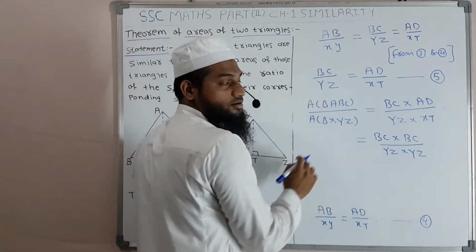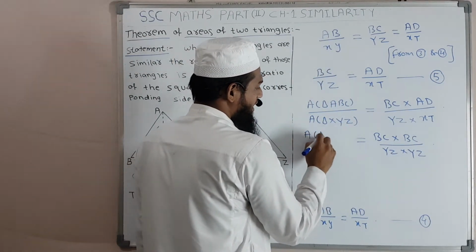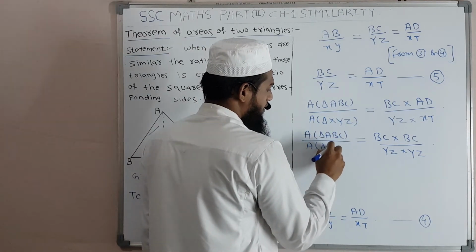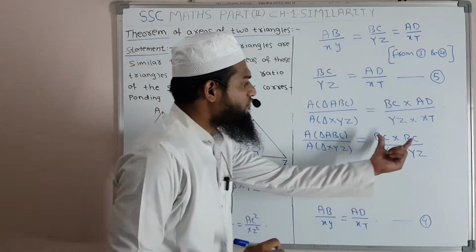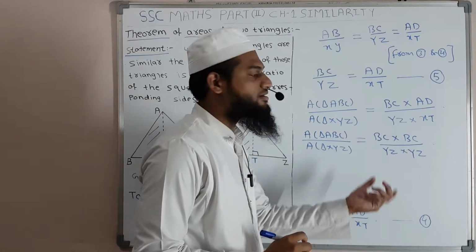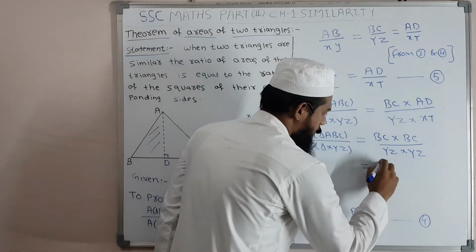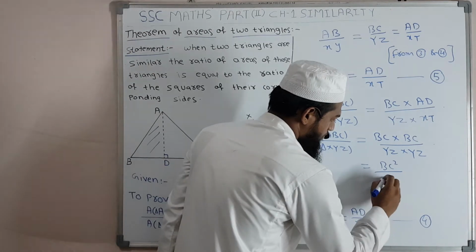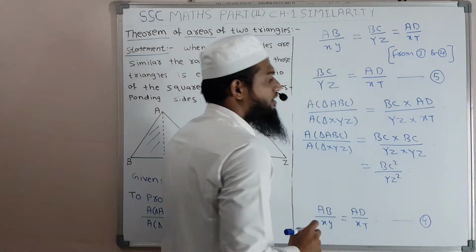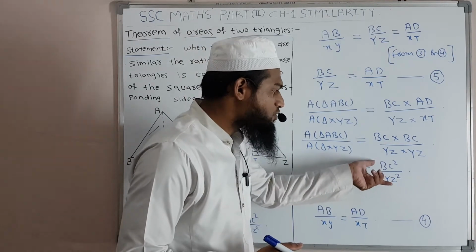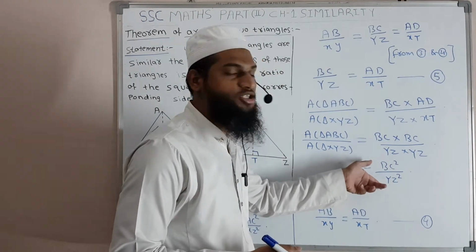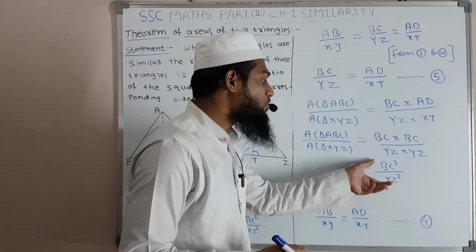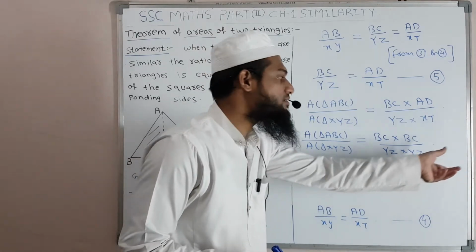And the left hand side is the same, area of triangle ABC upon area of triangle XYZ. BC twice, so I can write BC square, which is equal to BC square upon YZ square. Tell me, if the square of one side corresponds to the square of the corresponding side of another triangle, then I can write the second side, third side also.